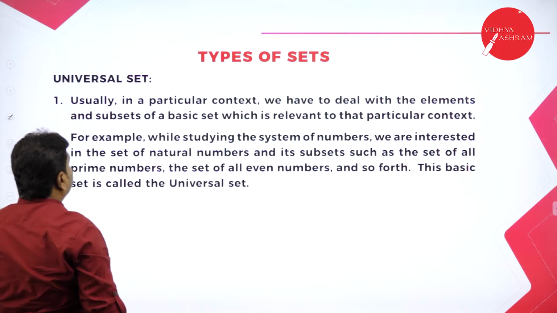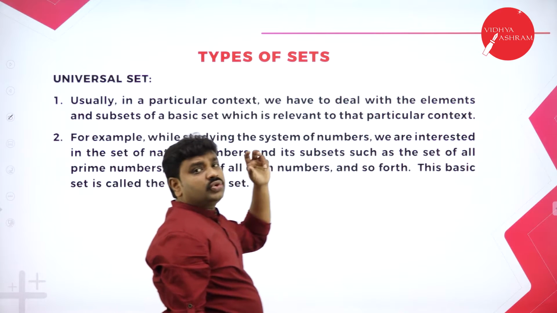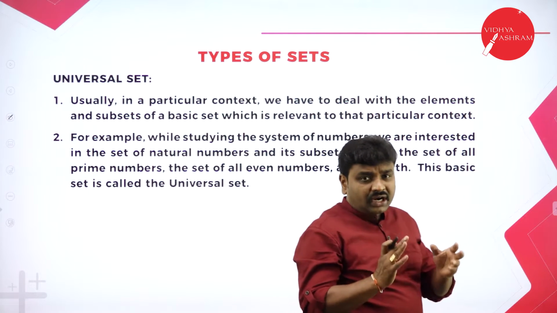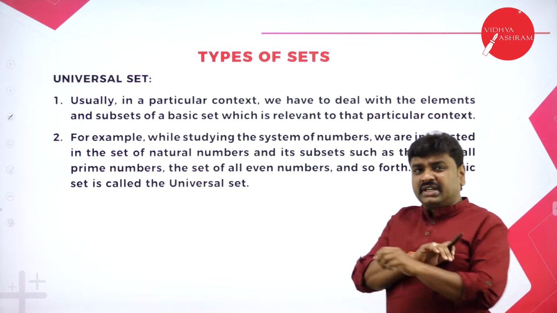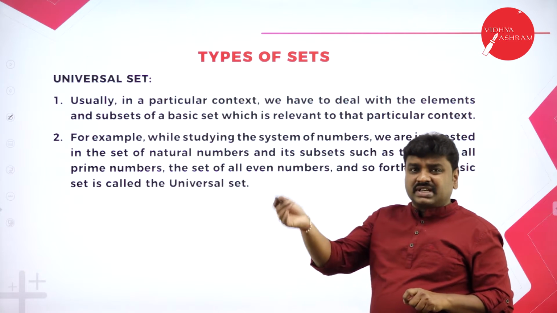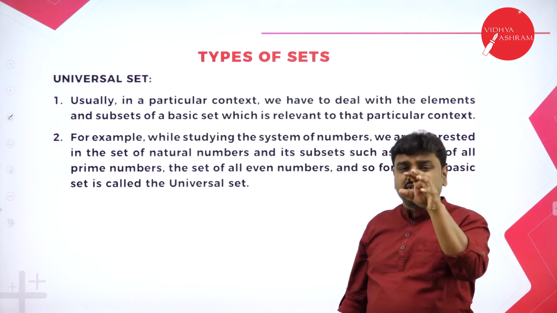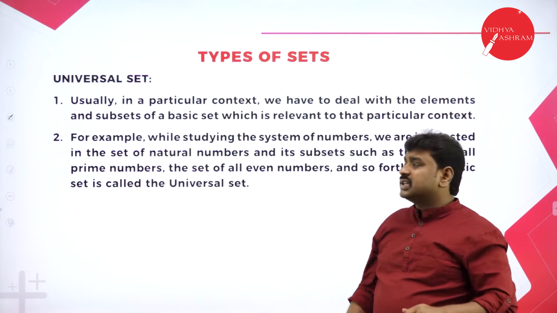Then we will go ahead with an interesting concept called universal set. In the context, the set containing all the other sets as subsets, the big set which acts as the basic set, is the universal set.